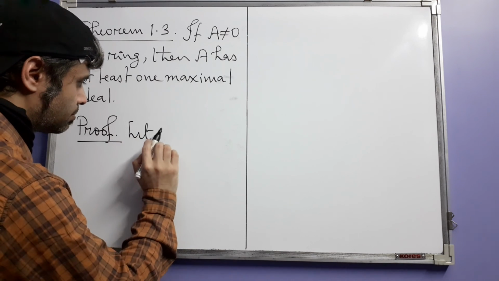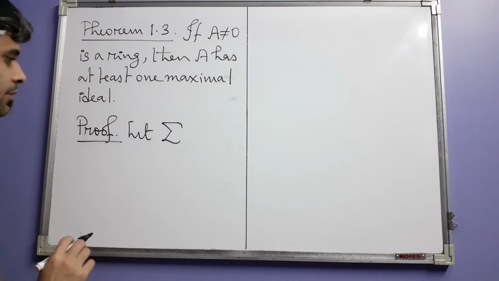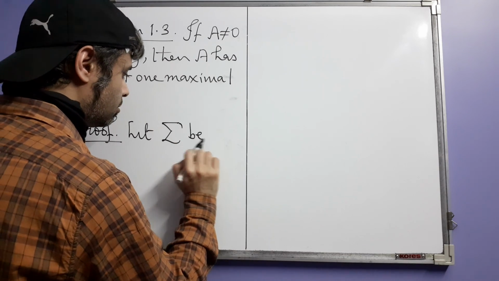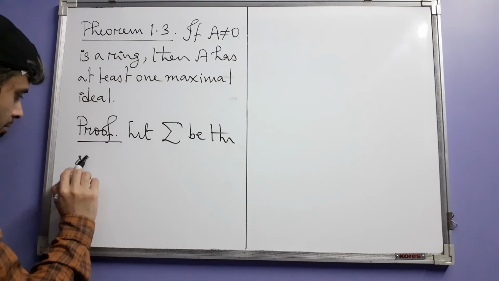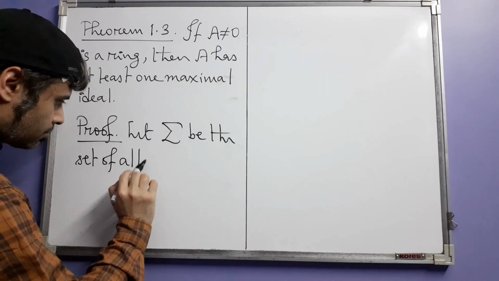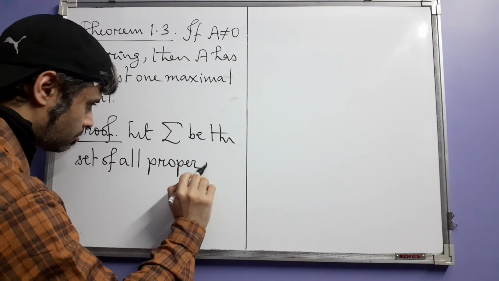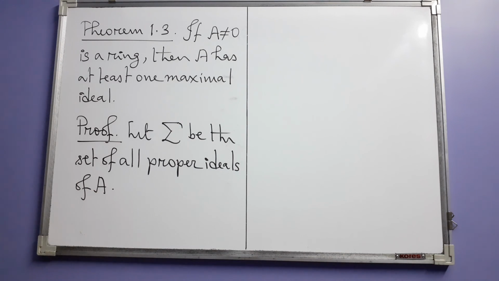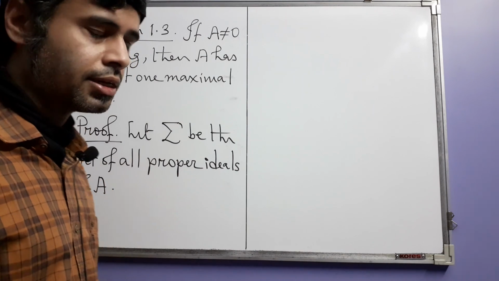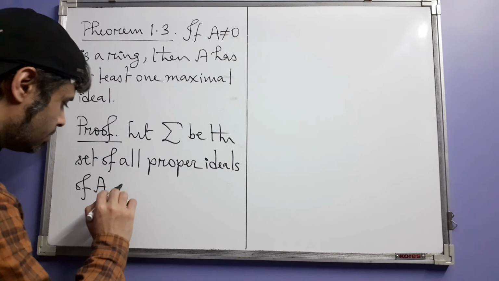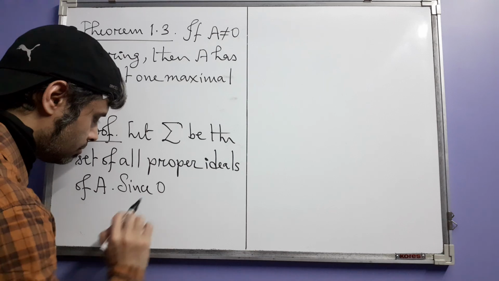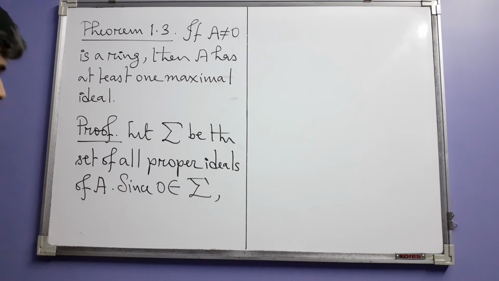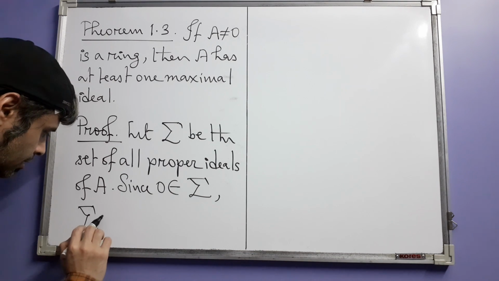Let, for some reason in the book the authors have used sigma, be the set of all proper ideals of A. Okay, so sigma is the collection of all proper ideals of A. Since the zero ideal belongs to sigma, sigma is non-empty.